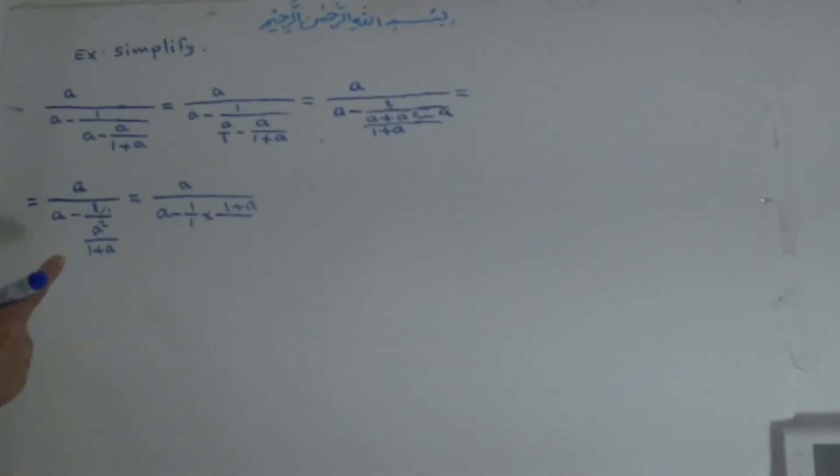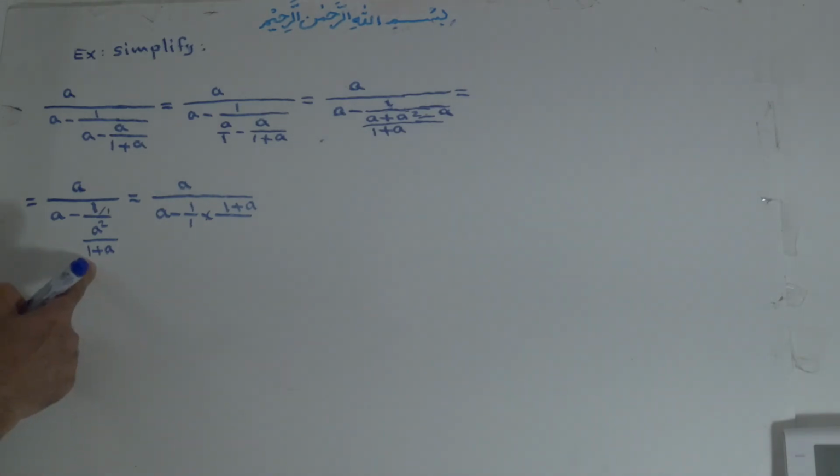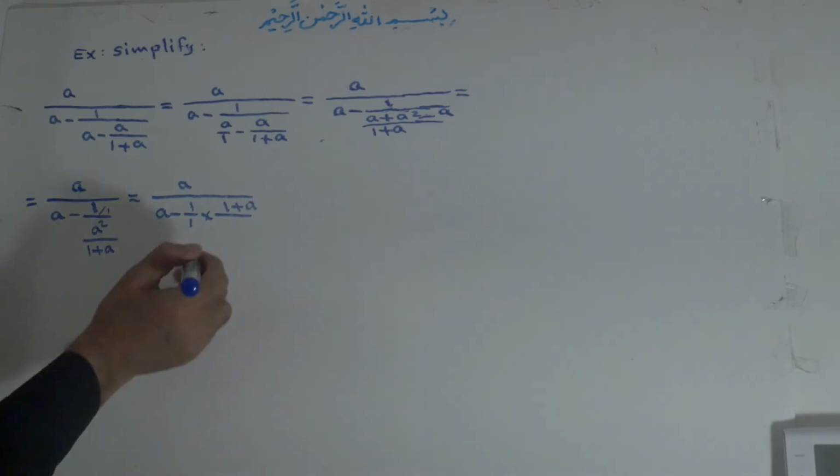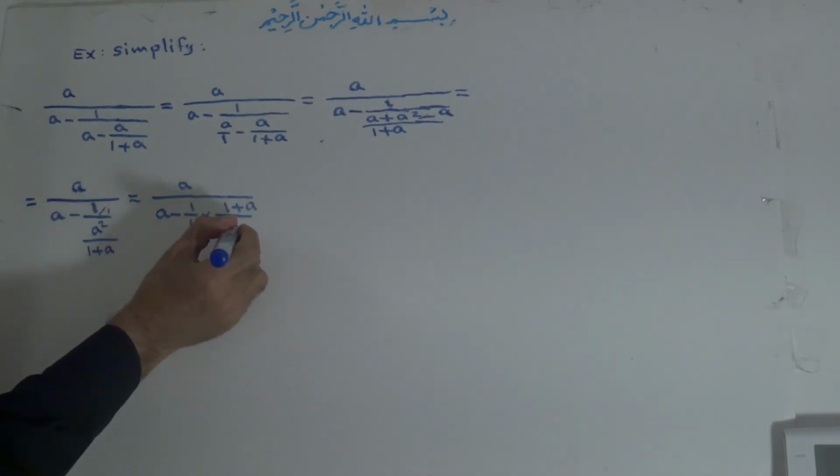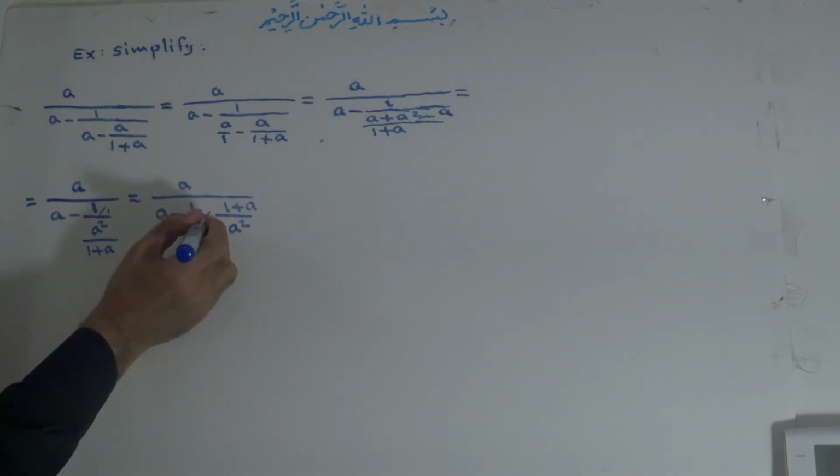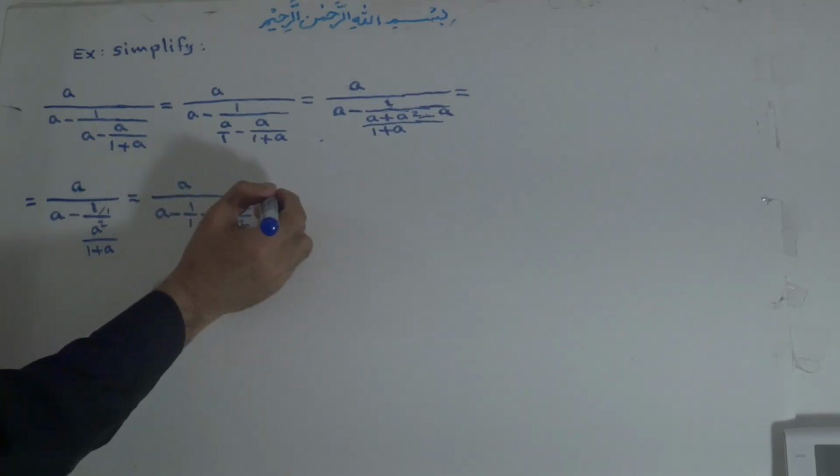What we do for the denominator: the denominator becomes the numerator and the numerator becomes the denominator, and the division changes to multiplication, and the numerator becomes a to the power of 2. This is the multiplication sign.